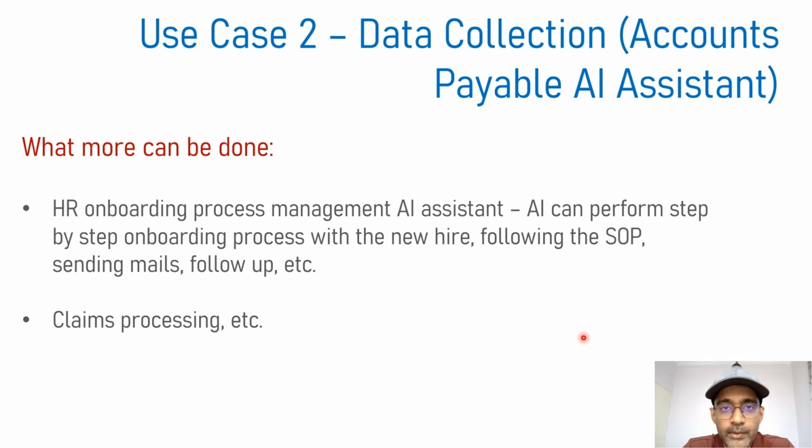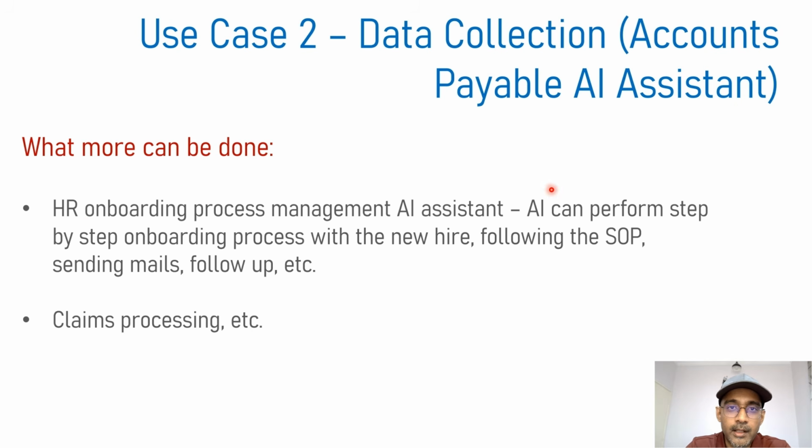Okay, so that was a quick demo on how a data collection agent works. This same architecture can also be used for a lot of different use cases in your enterprise. For example, you can use a HR onboarding agent, right?